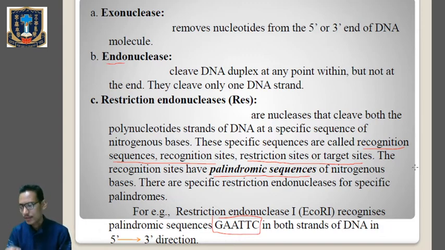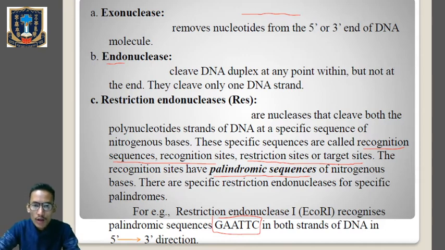If you remember, DNA is a double-stranded molecule. So suppose these are the two strands of DNA. The polarity of DNA will also be just opposite. If one of the strands runs from 5' to 3', then the other strand will be just opposite.